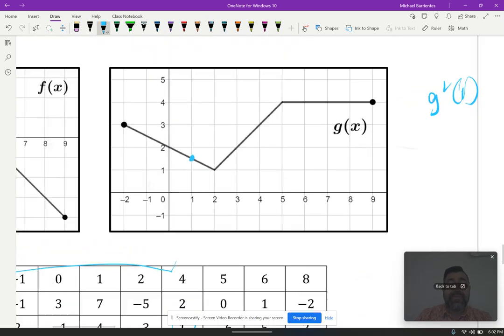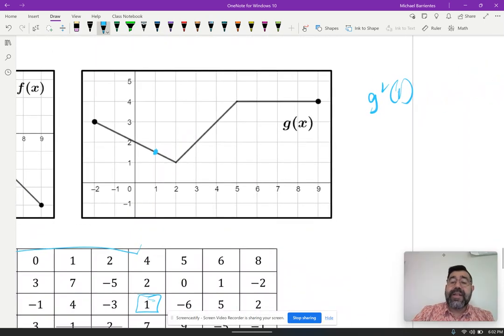So I go to my table, I'll go to my graph. So now I'm not looking for this. I'm looking for this. When x equals 4, that would be right here. I'm looking for the slope at that point. That would be the slope of this line segment, and this line segment looks like it's going up 1 over 1, up 1 over 1.